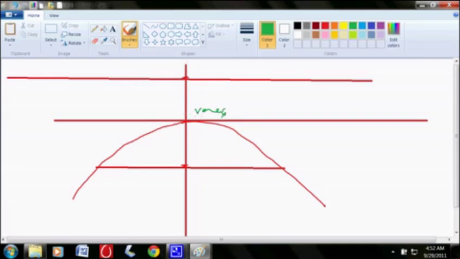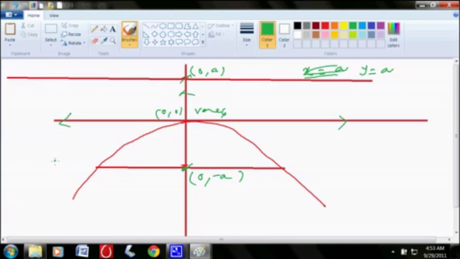Vertex 0, 0. This point is 0, a, but you can make out this is negative. This is 0, a, so this is x equals to a. I'm sorry, y equals a. This is the tangent, this is the axis, and everything else remains the same.